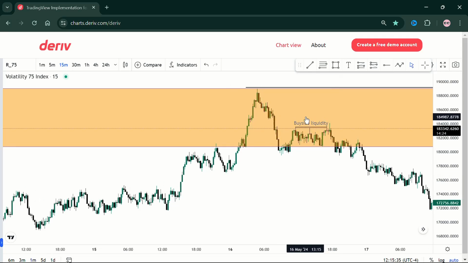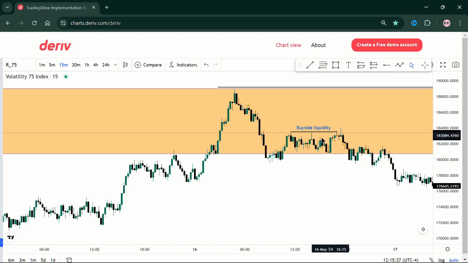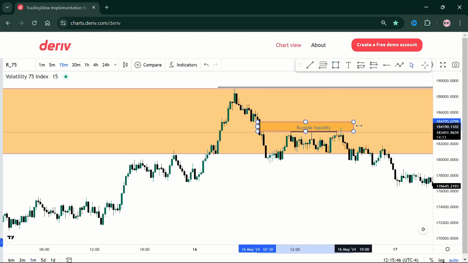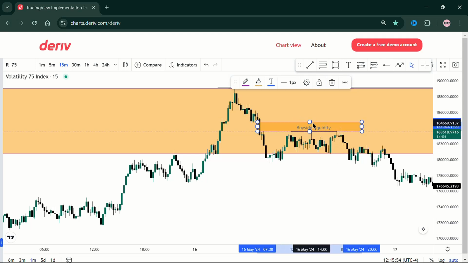Here you can already see there are relatively equal highs, and then there's also a fair value gap right here. The market just reacts after taking out those relatively equal highs, reacts to that fair value gap, and then drops again.